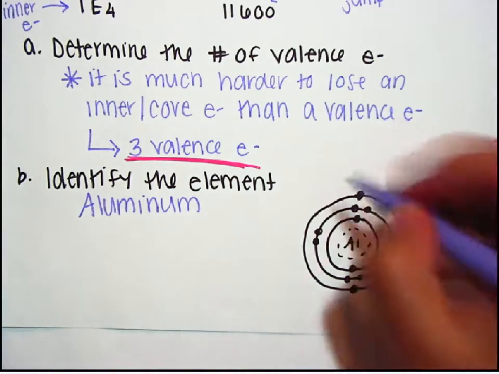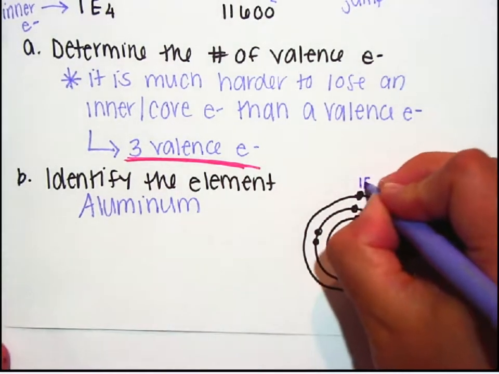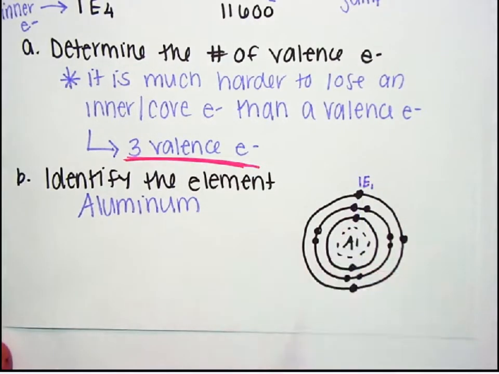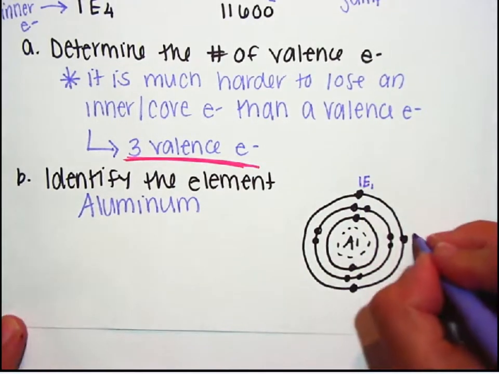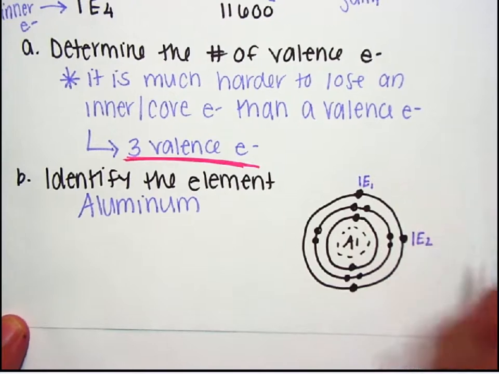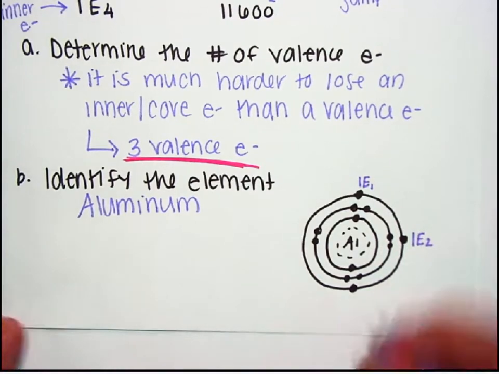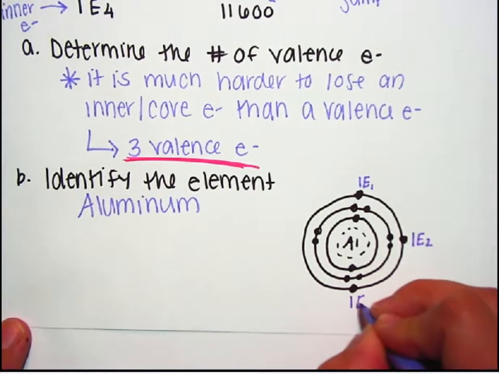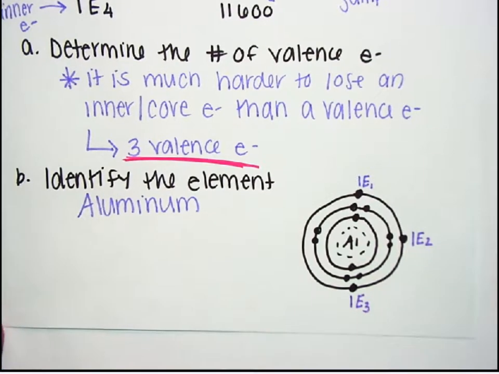So IE1 would be how much energy does it take to lose this first electron? IE2, how much energy does it take to lose the second electron? IE3, how much energy does it take to lose this third electron?